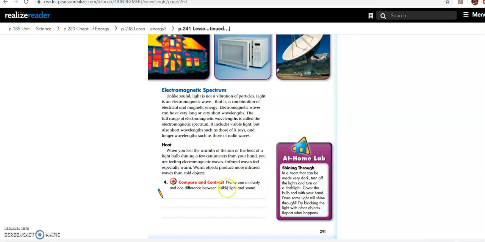Compare and contrast. Name one similarity and one difference between visible light and sound. Well, light and sound are both waves. However, light can travel through empty space, while sound cannot.